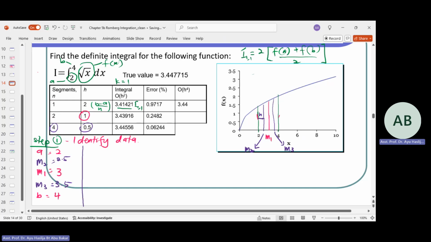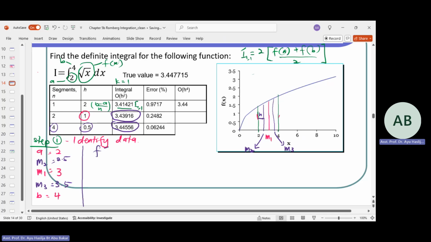Because you will need f(M1), f(M2) later on. For the first level, this one, this one and this one, you need the f(x) values. Why do we need to identify the points first?